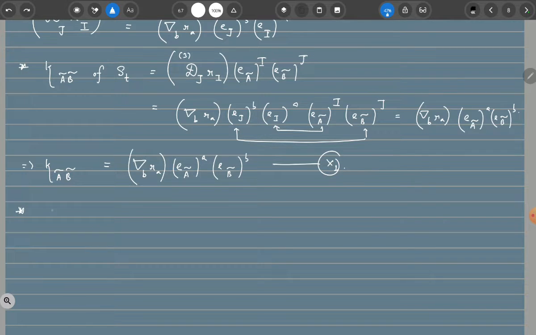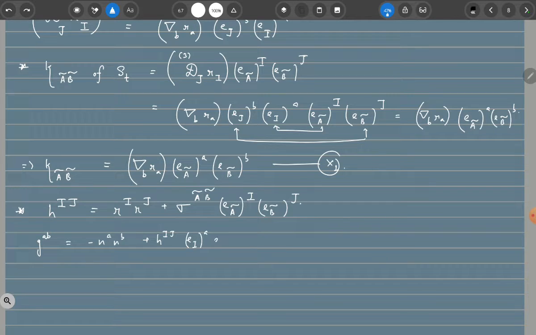let us write the completeness relation. The completeness relation, h_ij of the three-dimensional hypersurface sigma t, is given by R_i R_j plus sigma A tilde B tilde e_A tilde^i e_B tilde^j, and our g_AB is actually equal to minus N_A N_B plus h_ij e^i_A e^j_B.